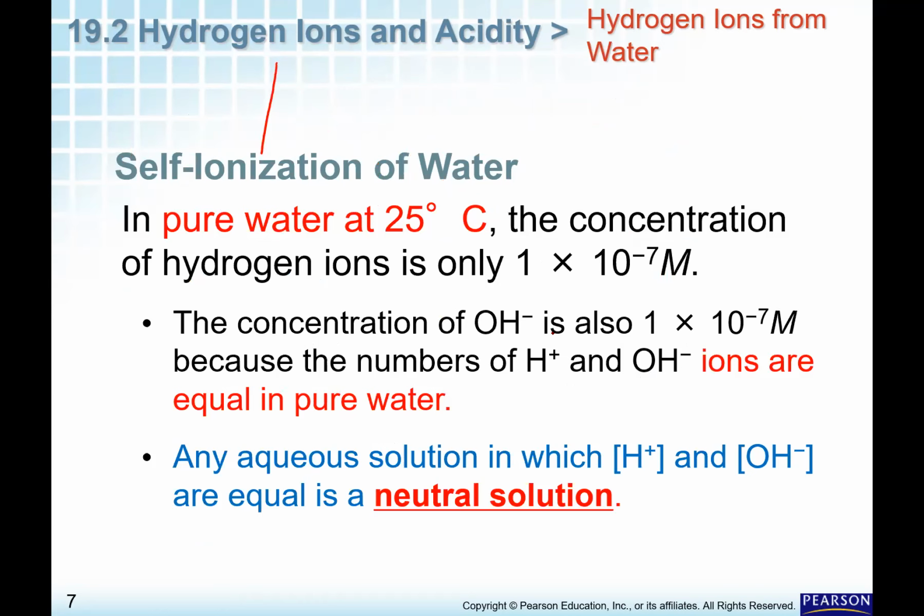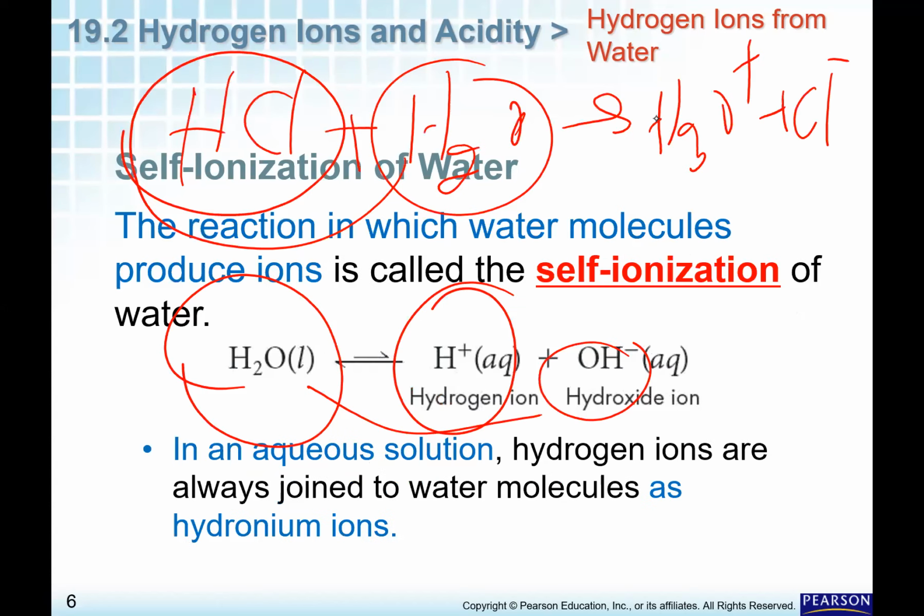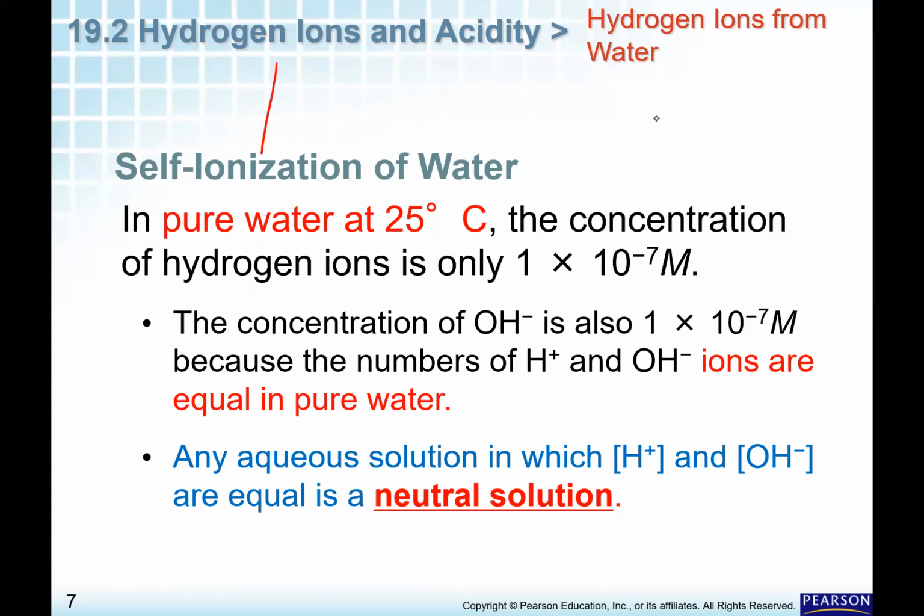Now, according to the measurements, when we have water self-ionized into H plus and OH minus, they found that the concentration of H plus is equal to 10 to the minus 7 molar.